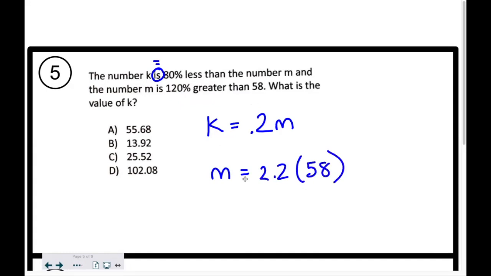All right, so now we just kind of work backwards, and we've got 2.2 times 58 is 127.6. Now we throw that here, we multiply that by 0.2, and we get 25.52, which is C. All right, so when you see less or greater, you're not going to actually use that percentage in your equations. You're going to kind of adjust those.